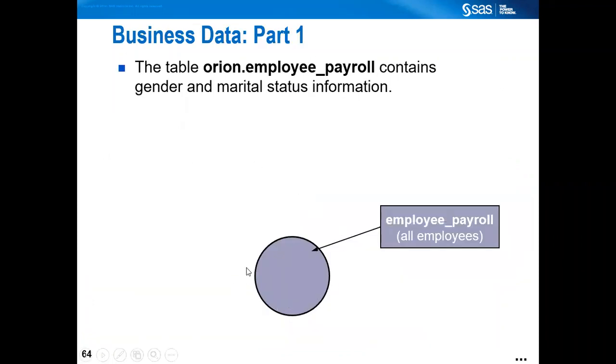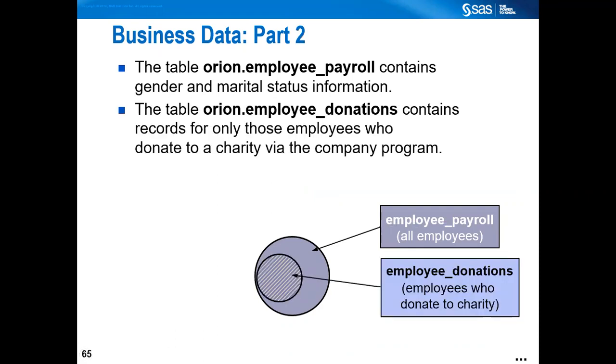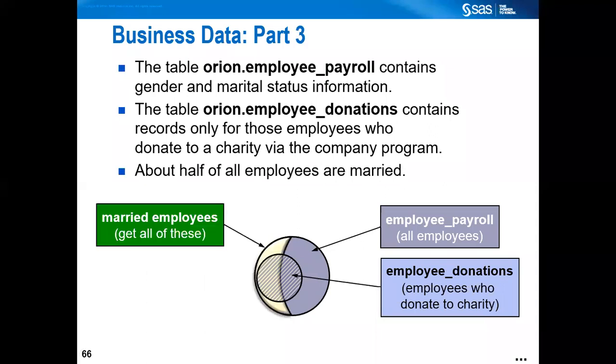Understanding your business. As a whole, you have an employee payroll. Of course, from this, you have a donation, which is a part of it. Among donations, you have the people information who are married, who are unmarried, who are divorced, and all those, okay, who are performing charities. So you have part people who are married. Of course, married is a part which are also from your payroll, but those may not be contributing.